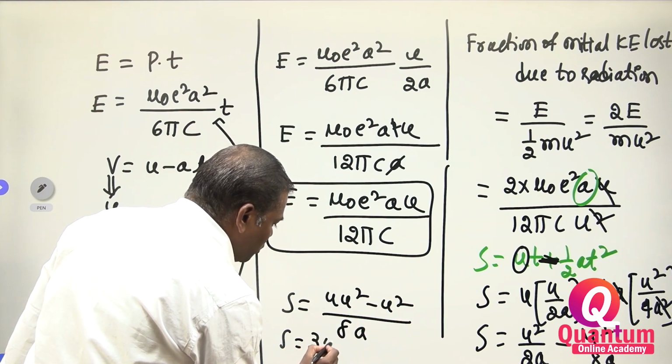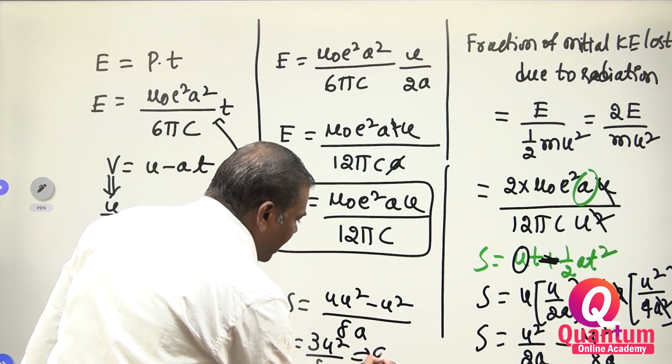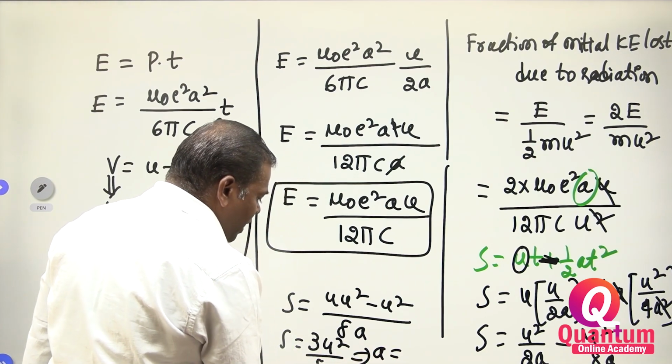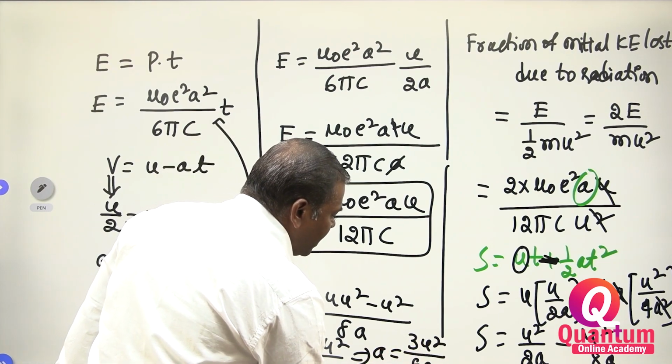Therefore, S is equal to 3u squared by 8A. From this, A is equal to 3u squared by 8S.